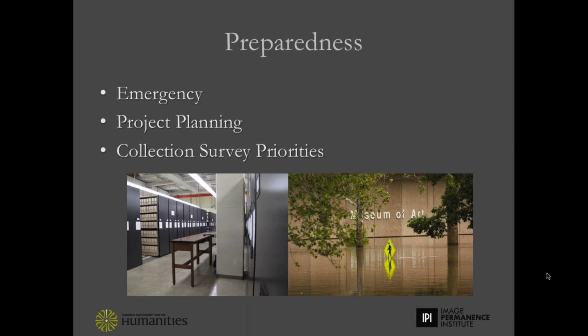This will help you set priorities as to where to store these objects in the event of a disaster, and what to prioritize. So the idea here is know your collection in advance, right? Know where to store the most sensitive objects so that in case there were to be a disaster, those things would be best protected. Similarly, if you know that certain processes are more susceptible to deterioration, you can prioritize certain objects for a collection survey. So just some ideas there.